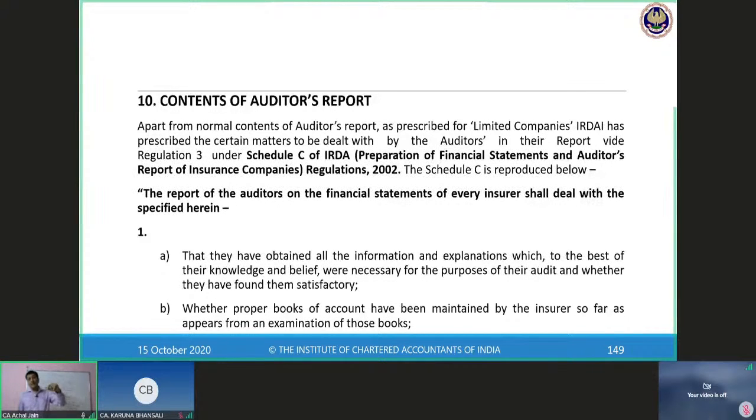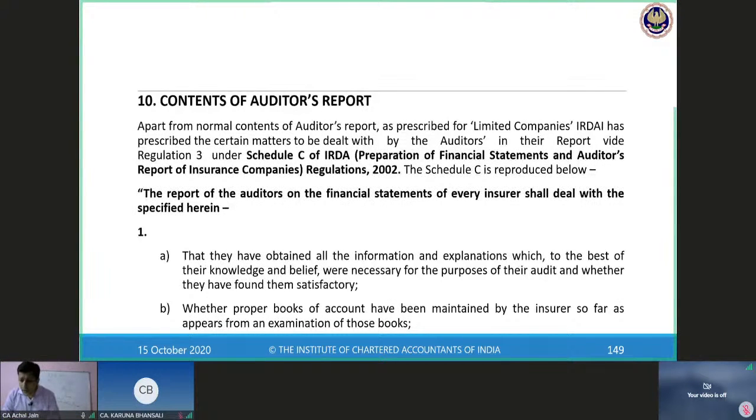Schedule A and B were meant for financial statements of insurance companies, for general insurance and life insurance. And Schedule C was meant for audit considerations for the auditors in terms of their reporting requirements, which would apply to both life insurance companies as well as general insurance companies.